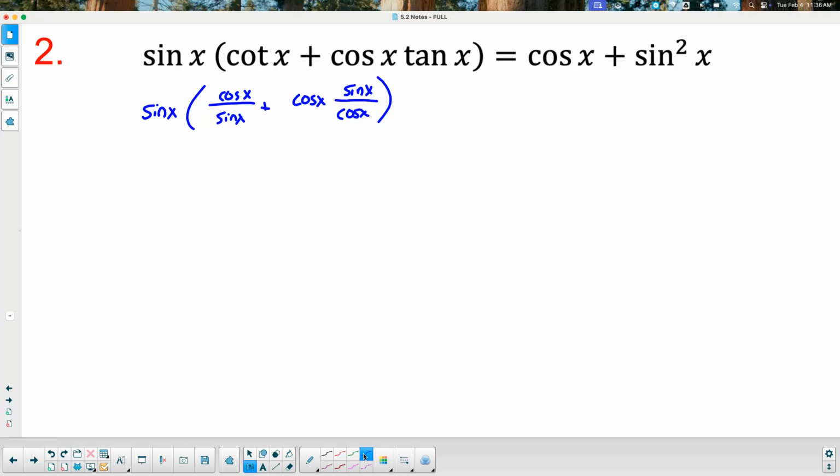What do you want to do next? Cross out the cosine. Yeah. Okay, cross out those two. So this is still sine of x times cosine of x over sine of x. But now this is just sine of x.